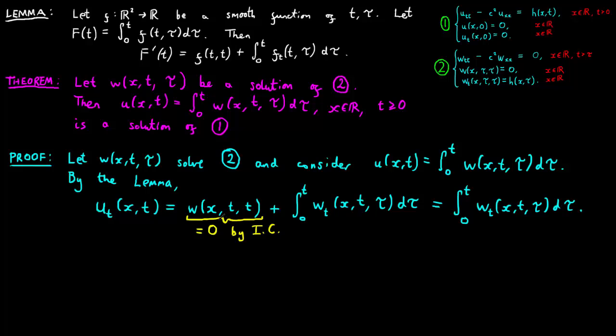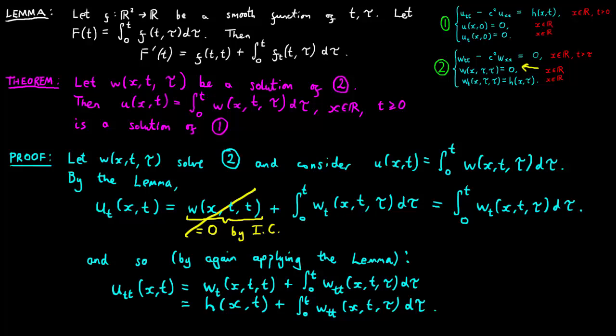If we look at this first term, that's when the second and third parameters are equal, both equal to the same argument t, and our initial condition for the problem w, in particular this one here, tells us that this must be equal to 0. So this term disappears, and we're just left with the integral from 0 to t of w_t of x, t, tau d tau, and that is u subscript t, the partial derivative of u with respect to t.